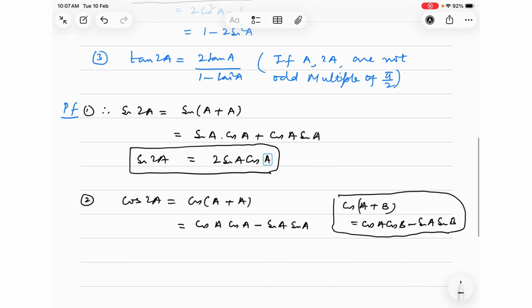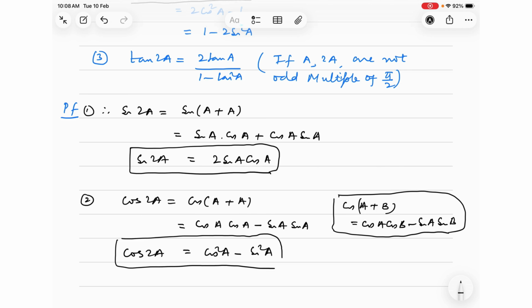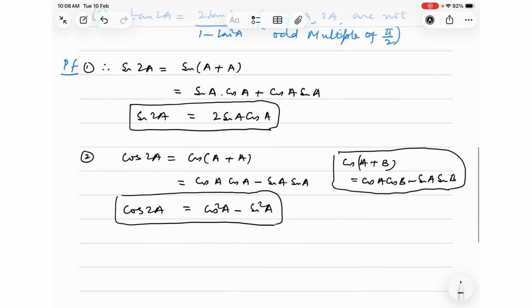So therefore we get cos A into cos A is cos square A, sin A into sin A is sin square A. Therefore cos 2A is equal to cos square A minus sin square A. But remember, in the first chapter of trigonometric ratios which we have discussed, we told cos square A plus sin square A is always equal to 1.